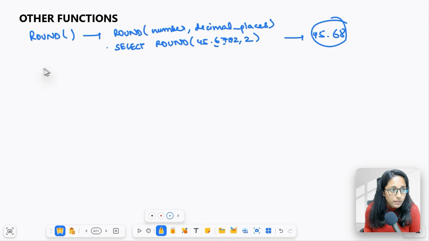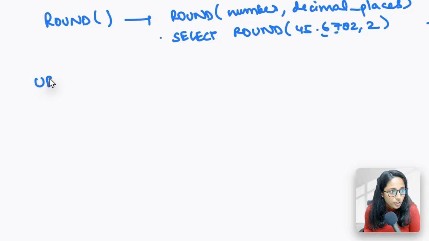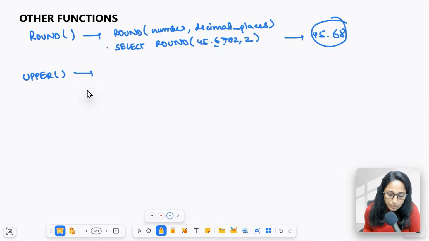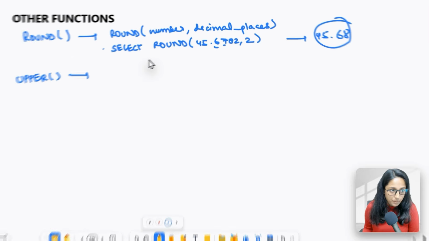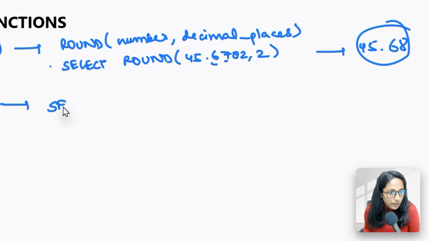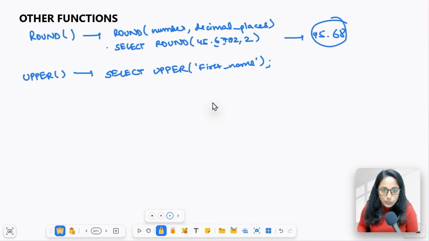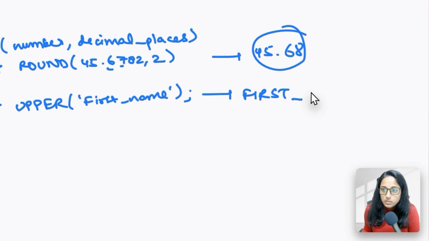In a similar way, we have another function called upper. For example, if I have my first name and I need to make all the characters uppercase, I can do select, use my upper function and my first name. It will give me FIRST_NAME in uppercase.